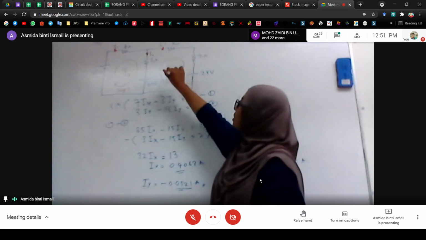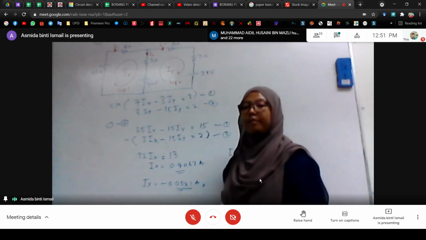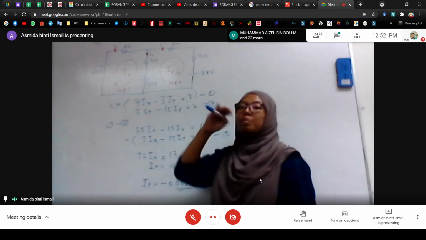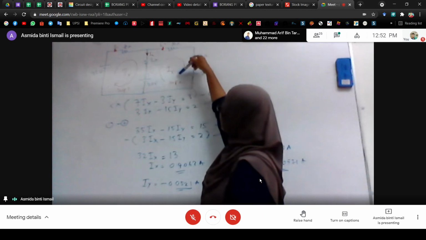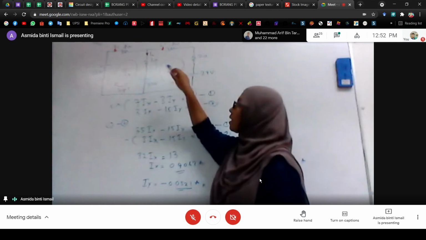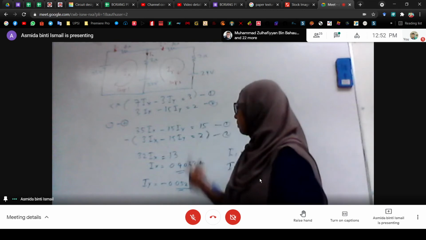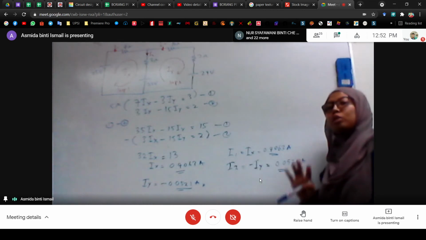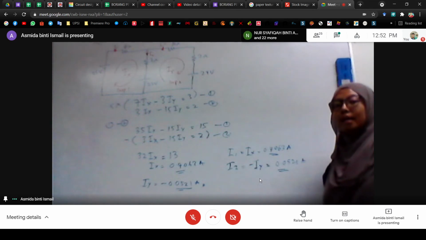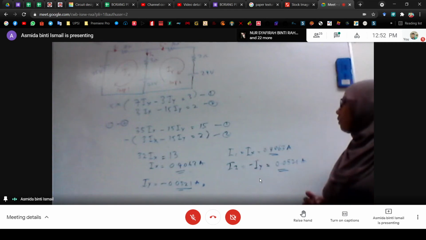This loop's direction is actually wrong, that's why it got a negative answer. This loop is in the wrong direction. It's supposed to be anti-clockwise, not clockwise. But it got a negative answer, which means your loop direction is wrong. So I3 is equal to 0.05.